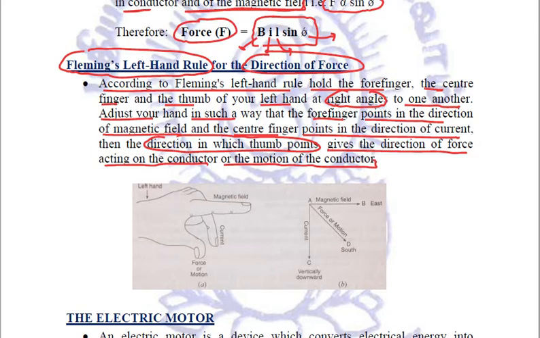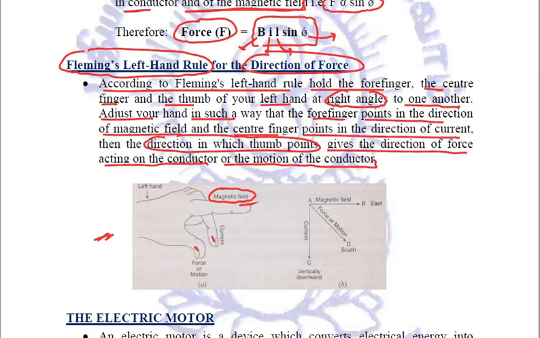So let us try to understand it with this figure. We have to take the forefinger, the middle finger and the thumb perpendicular to each other, right? So when they are placed perpendicular to each other, then the forefinger points towards the direction of magnetic field.